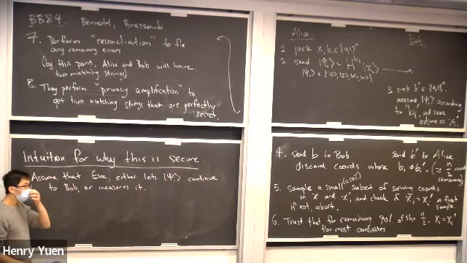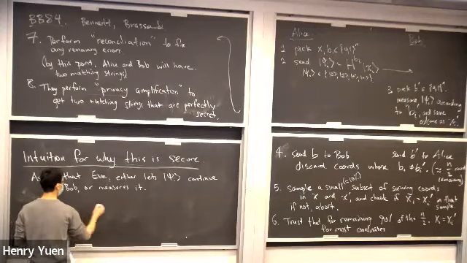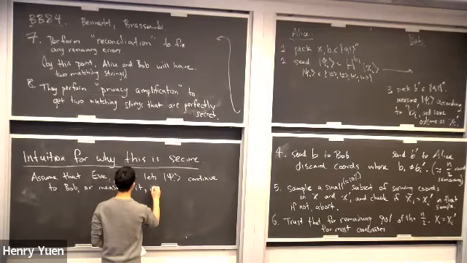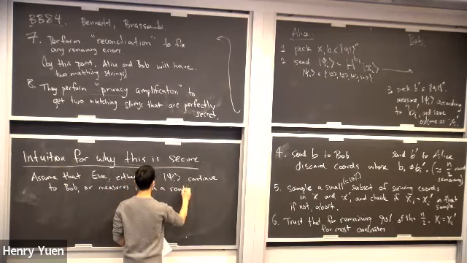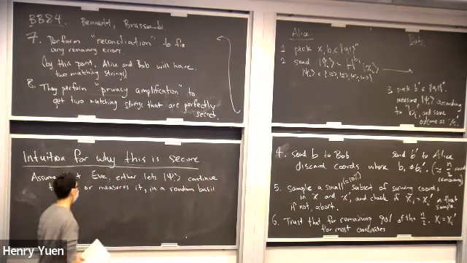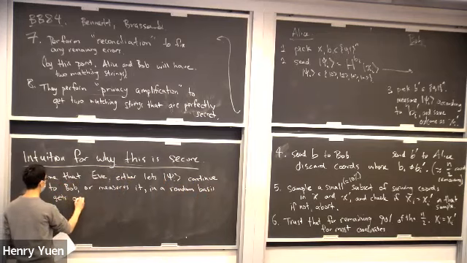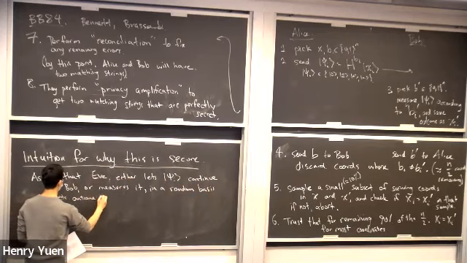When she measures it, she has to make a guess about what basis this qubit was encoded in, whether it was in the standard basis or the Hadamard basis. And let's say if she does decide to measure it, she gets outcome yi.